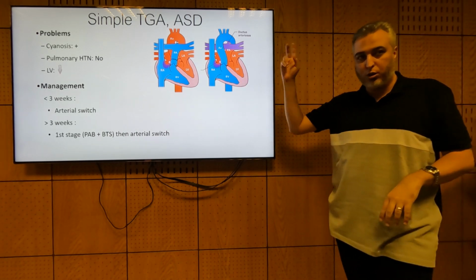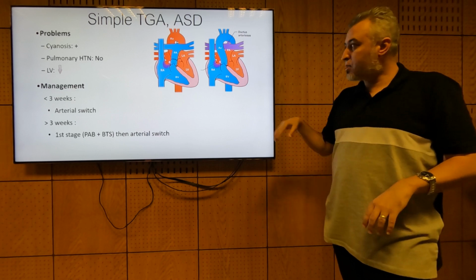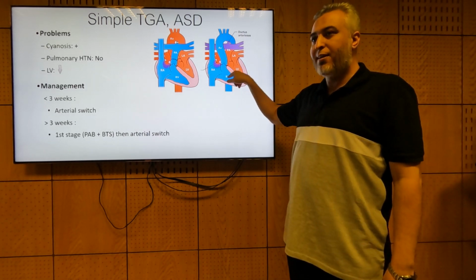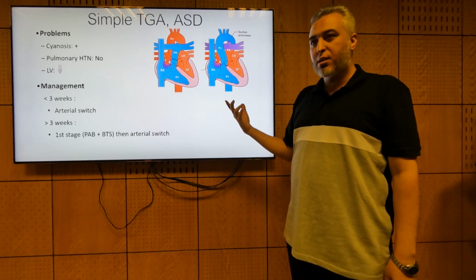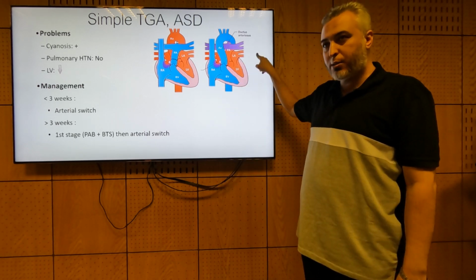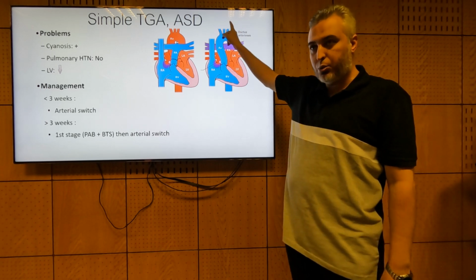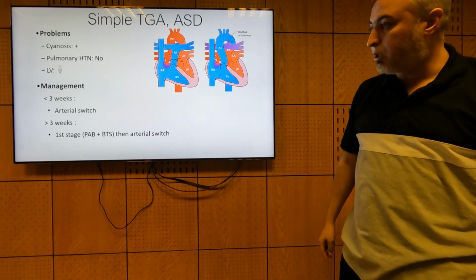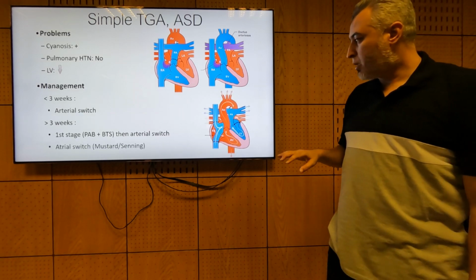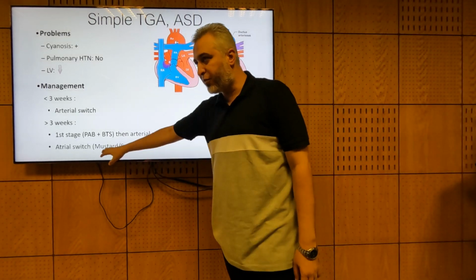If we're not able to switch arteries, we actually switch atria, and so you get AV discordance, VA discordance. Deoxygenated blood will be pumped into the lungs, oxygenated blood will go into the aorta. So this is the atrial switch operation. There are two techniques to reach that configuration.